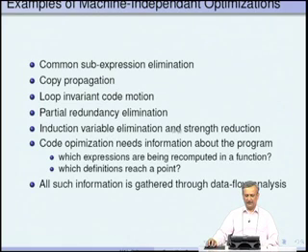Induction variable elimination and strength reduction are similar. They are carried out in a loop. So, multiplications can be changed to addition, and induction variables, which are nothing but incrementing variables, sometimes can be eliminated. Code optimization needs information about the program, which is obvious, and the compiler obtains this information using a process called Dataflow Analysis.